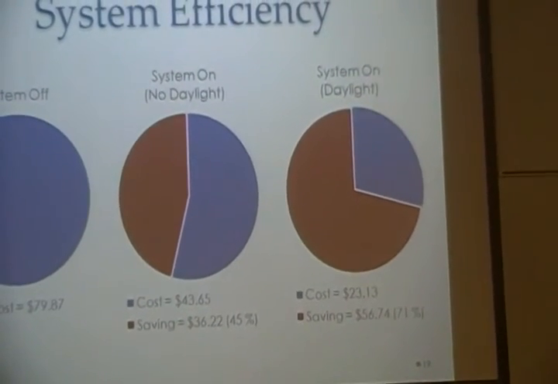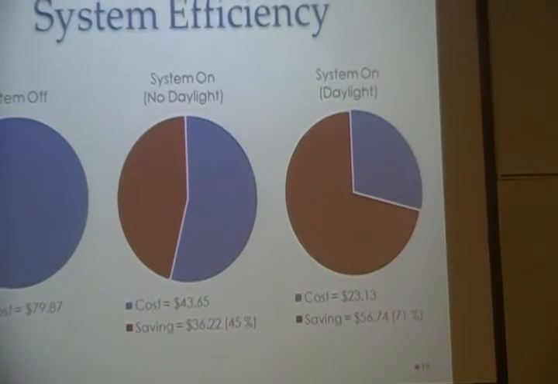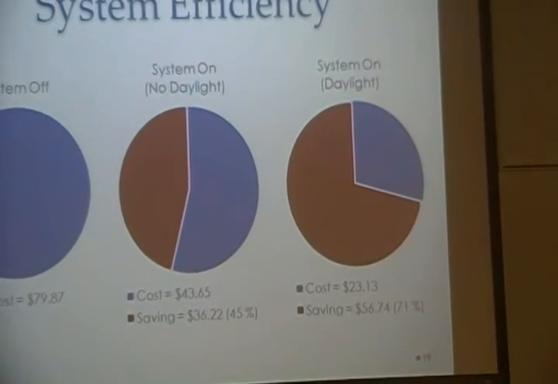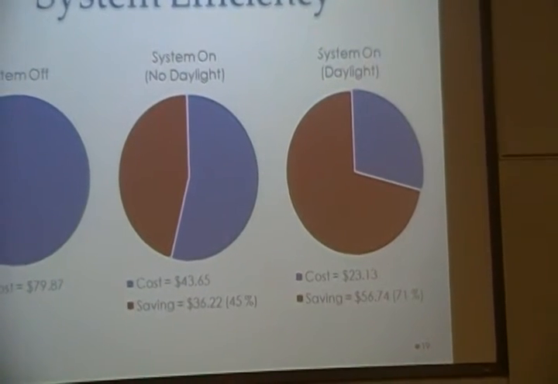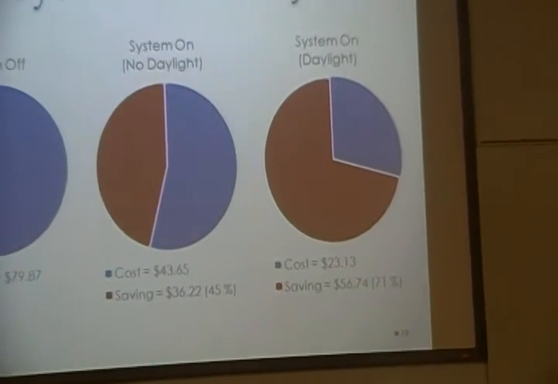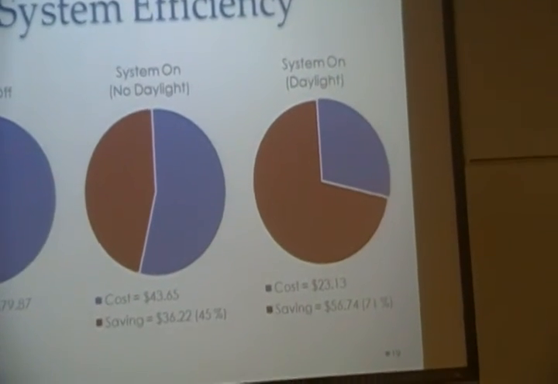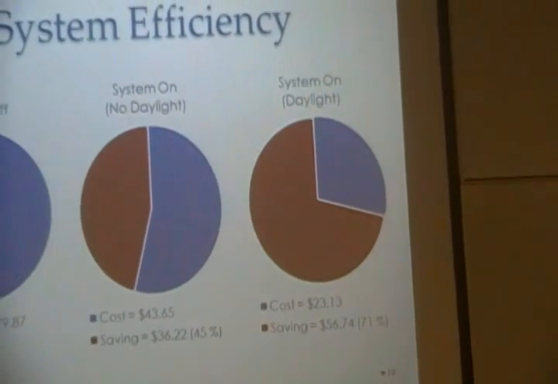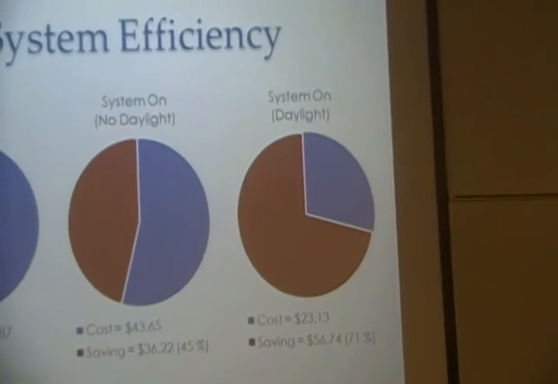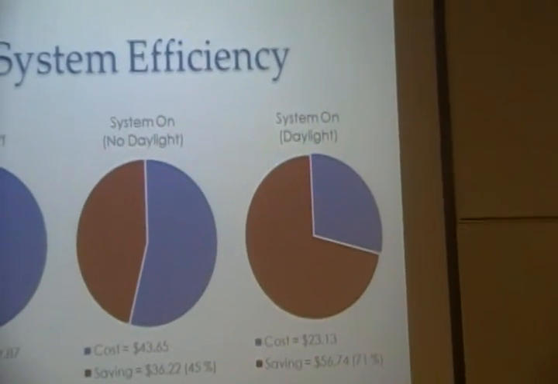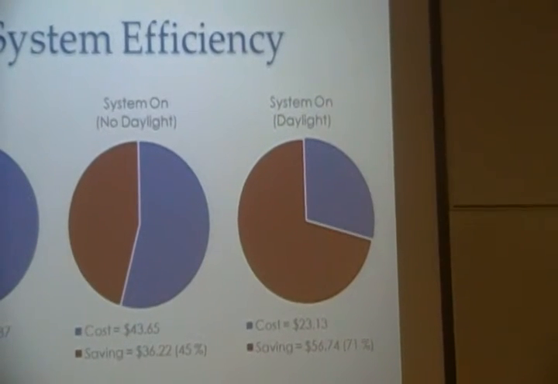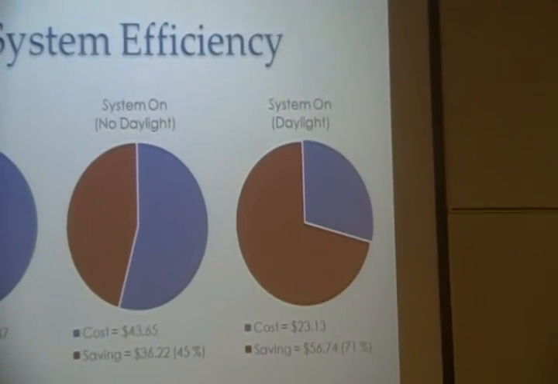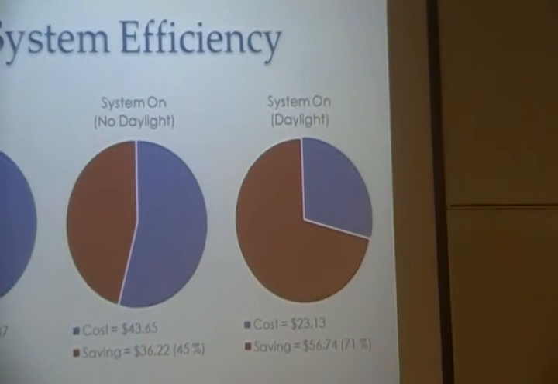In the last scenario, the system is on and daylight is entering the room. We took samples over several days to see how much light entered the room on the desk surface to come up with an average daylight lux level, and our average was 235. Again, the desired set point for the desk surface is 500 lux, so we subtracted the 235 from the 500, and we were left with 265.